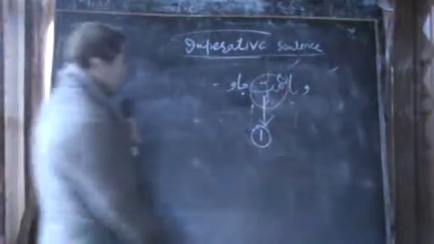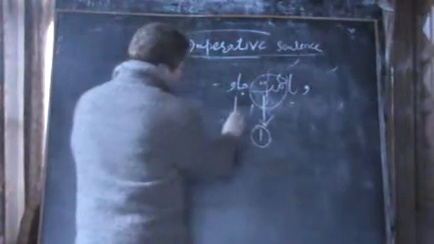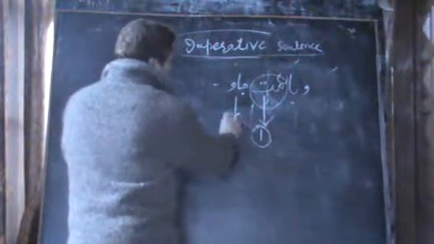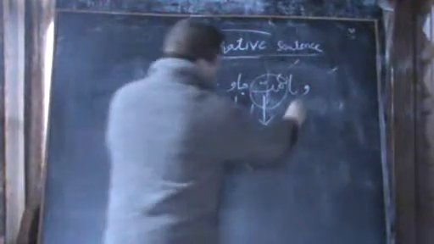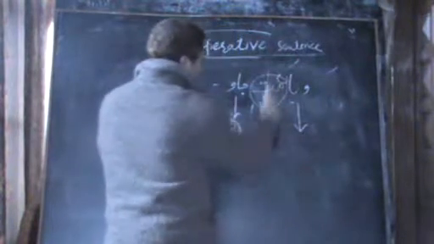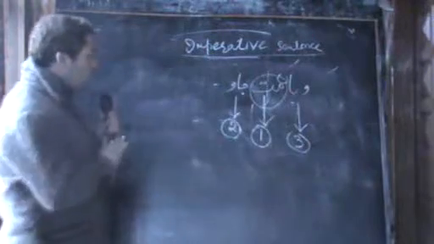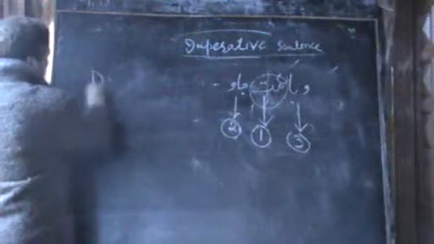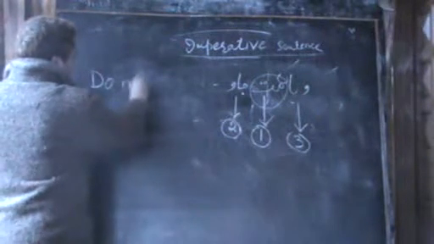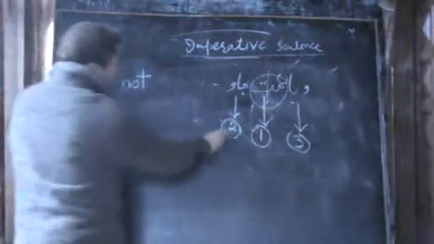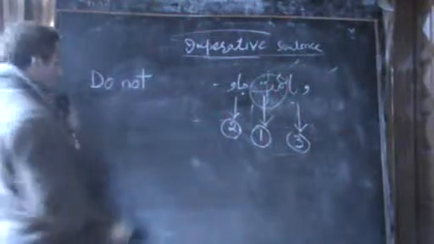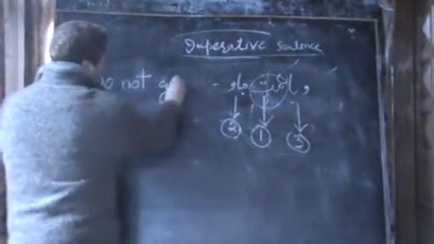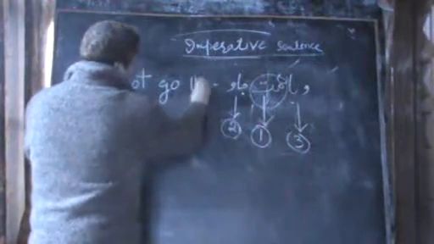Then the verb at the second place, and then the place at the third position. The first position is mat, which means don't or do not, and at the second place is jao, meaning go: do not go there.